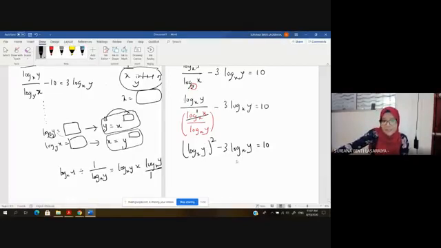Kalau macam ini, in this case, 3 ni, bila kita bawa ke sini, power 3 tu belong to that y. Tapi yang ini, 2 ini is not belongs to y only. So this power you cannot bring in front to log xy, cannot, because this is coming from the whole log xy multiply dengan log xy. Clear kan?